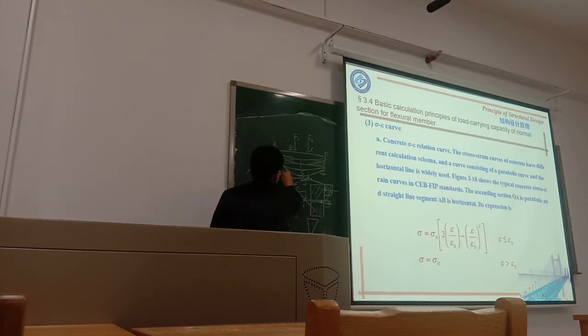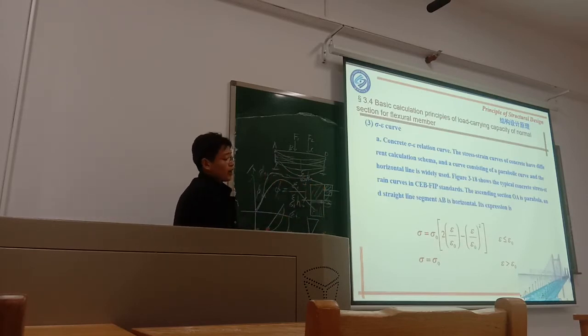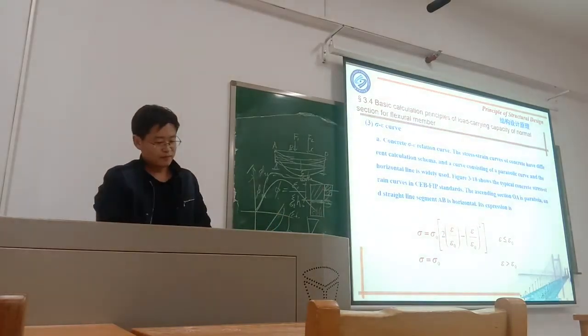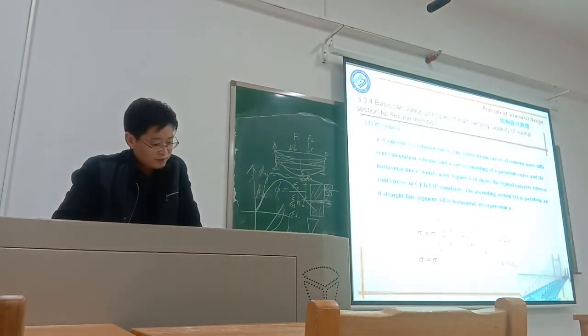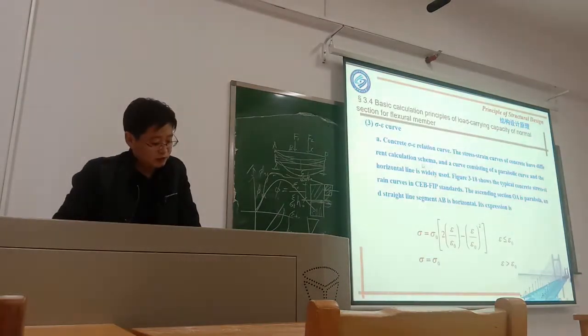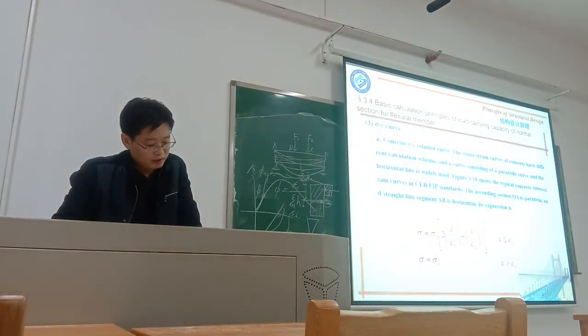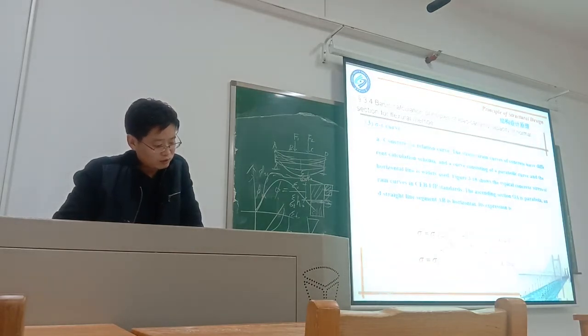But those curves are very hard to use for calculation. So for simplification, the stress-strain curve of the concrete is considered as a parabolic curve followed by a horizontal line, which is widely used.